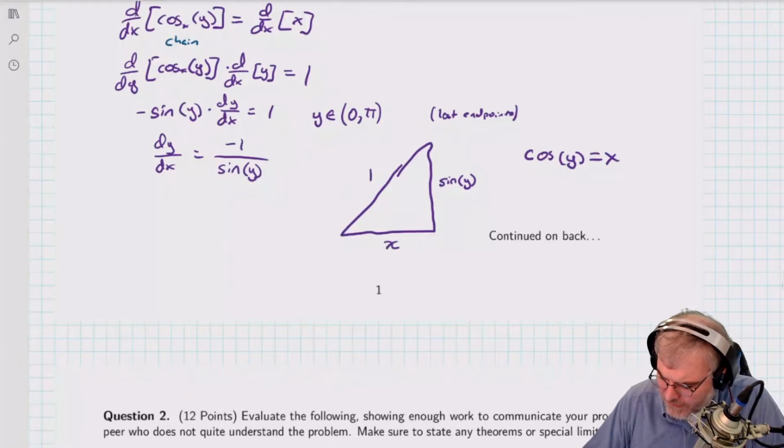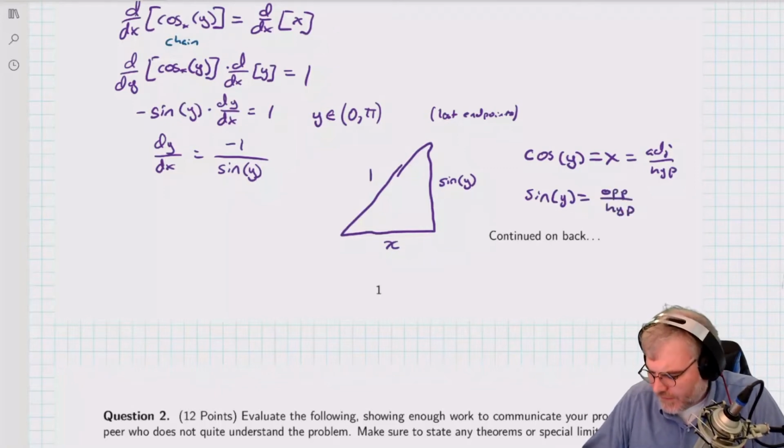Then I've got SOHCAHTOA here. So cosine equals x equals adjacent over the hypotenuse, and then sine of y equals the opposite over the hypotenuse. So I basically need to solve for the opposite.